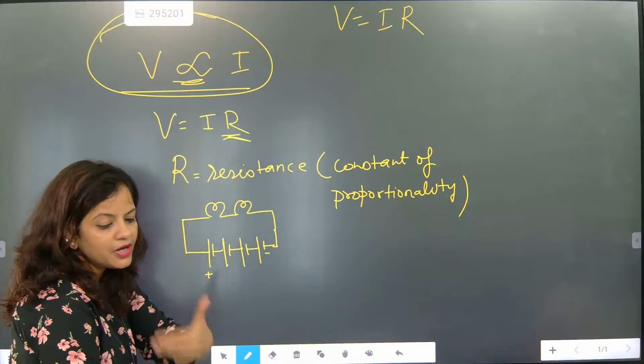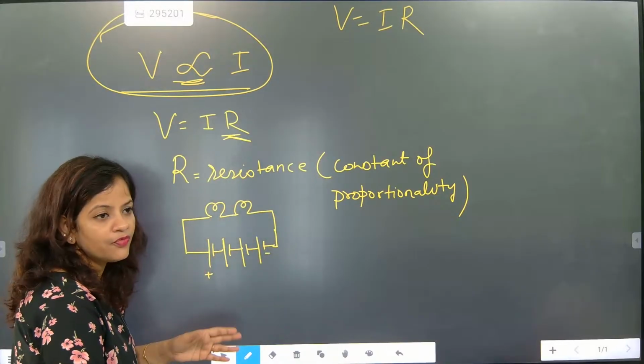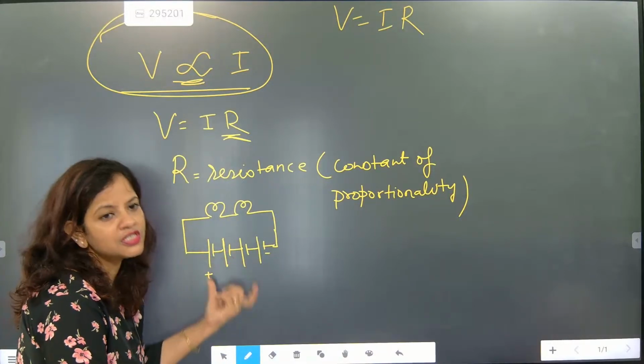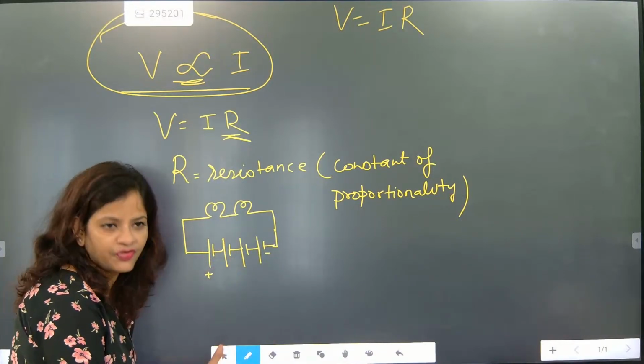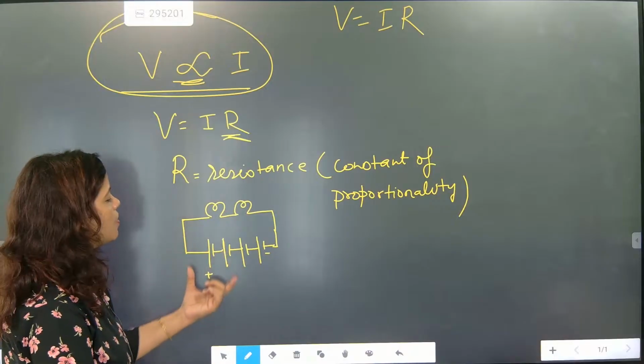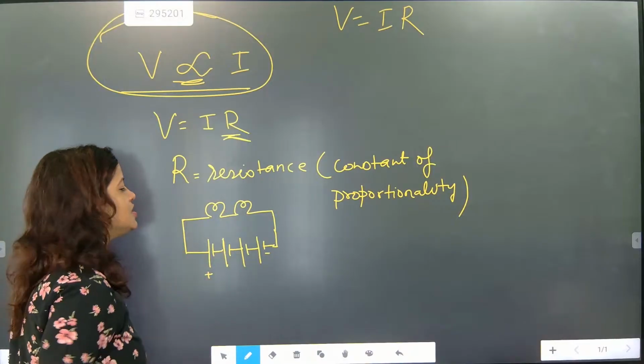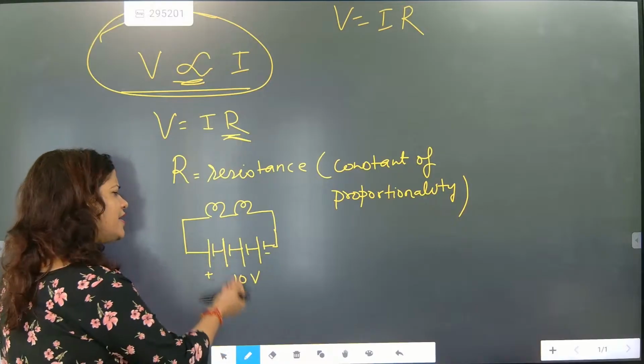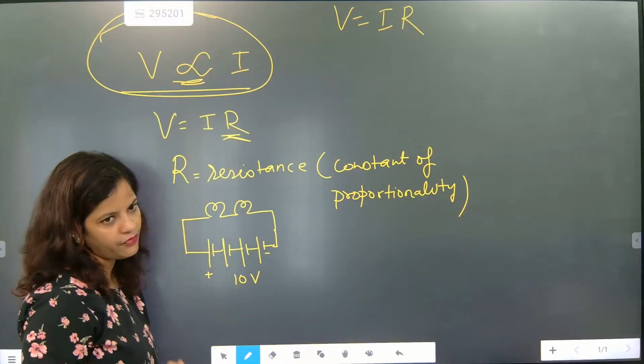That electromotive force is because of the potential difference. Right now, we will take the potential difference as 10 volt. Then current will move according to 10 volt only.